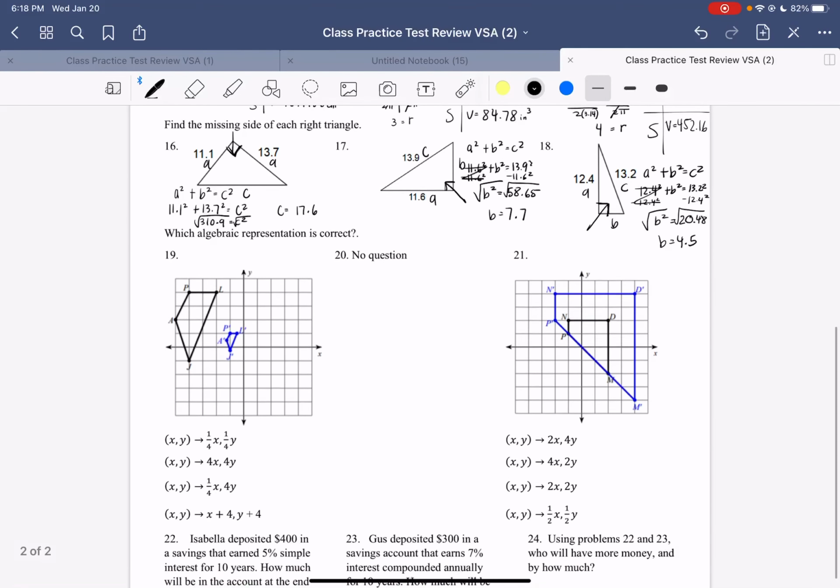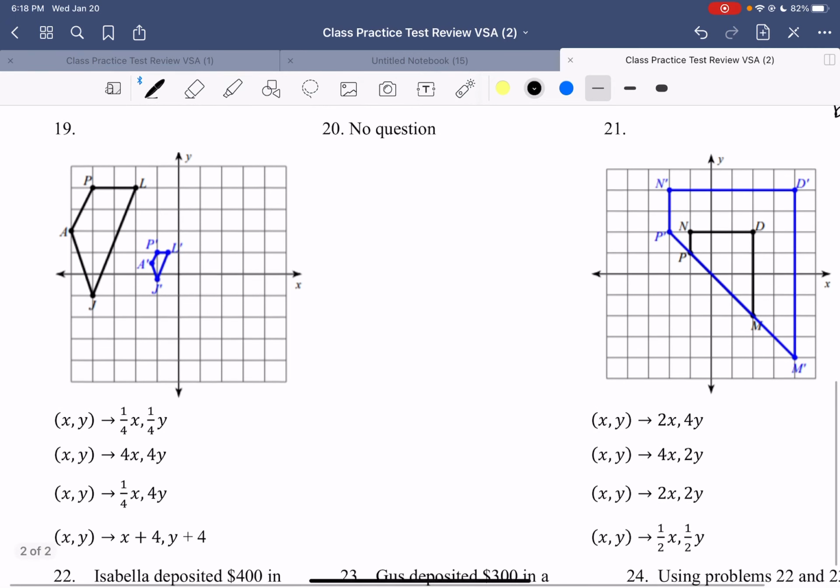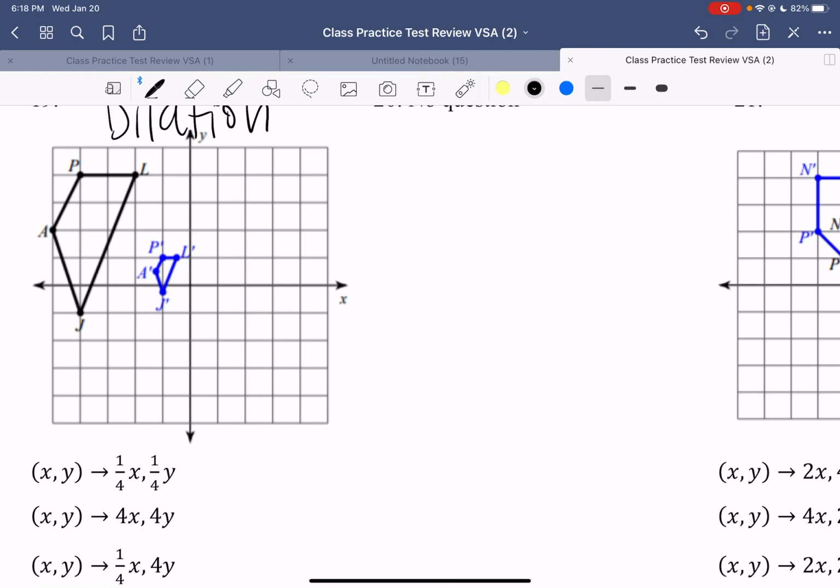Okay. Number 19, we're looking at a transformation, and this is going to be a dilation, which is when it gets bigger or smaller. So we need to look, remembering that this is the pre-image, and this is the image, so it's getting smaller.